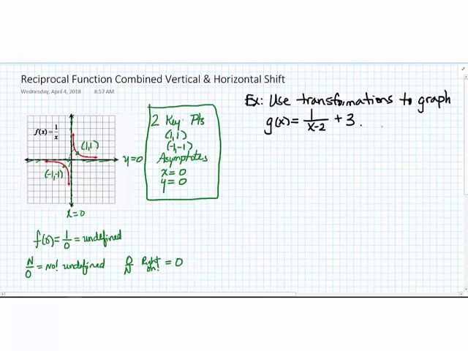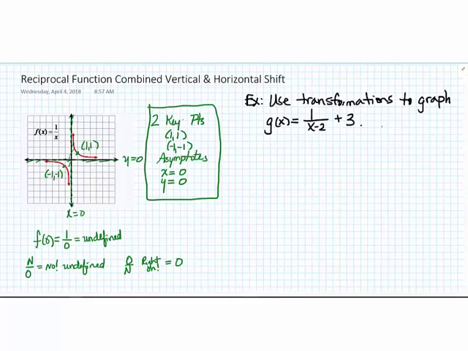Okay, so again, normally you won't have the reciprocal function right there in front of you. I'll just say use transformations to graph g of x equals 1 over x minus 2 plus 3, and I expect you to be able to look into that library of functions in your mind and think which parent function does this match up with.